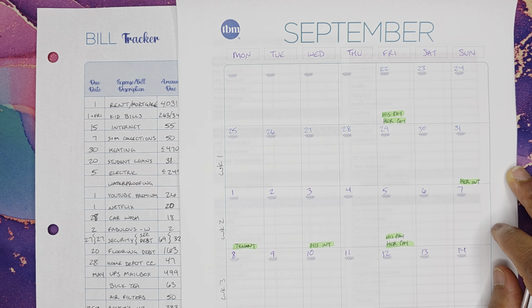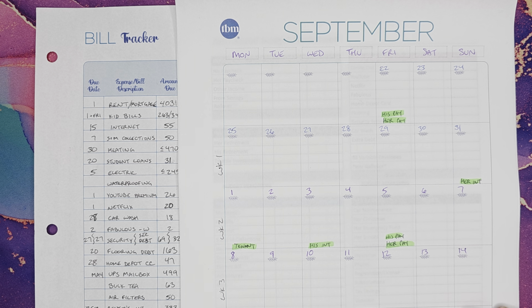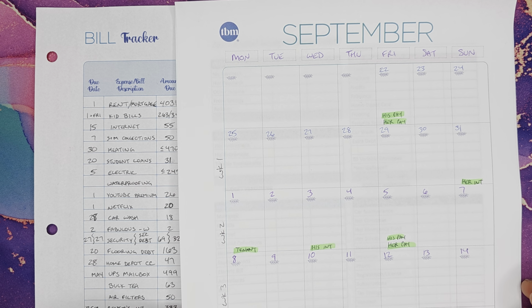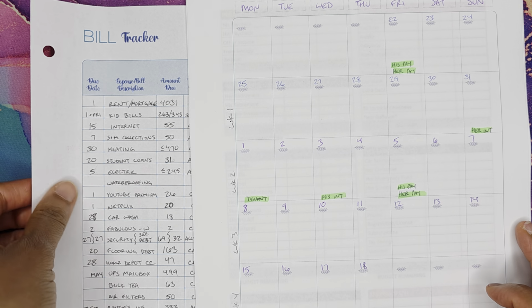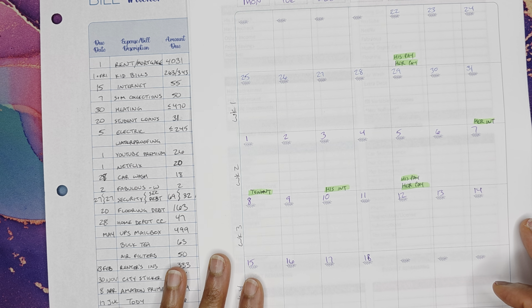Okay, next we're going to go with his bills. So we have, okay, so technically the mortgage is due on the 1st. However, we take advantage of the extra time they give us.